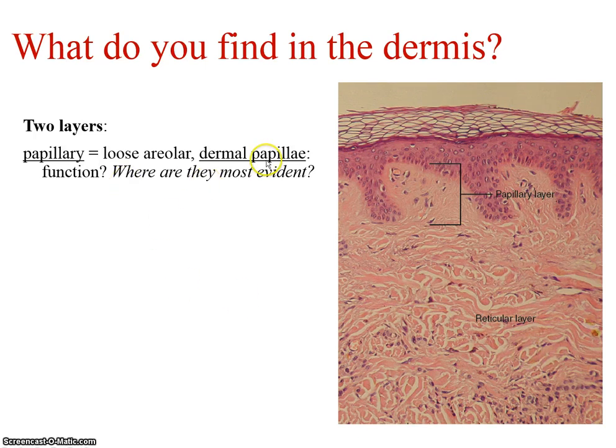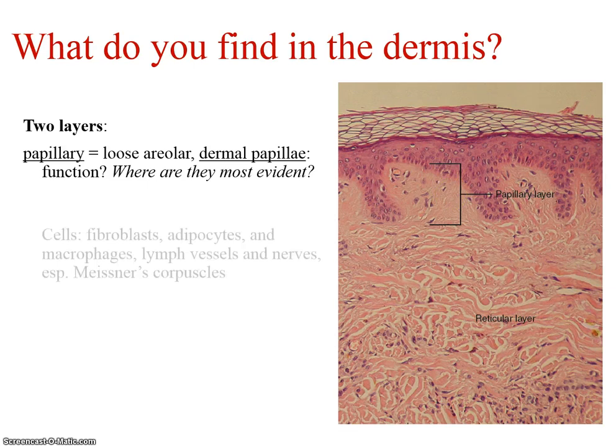The dermal papillae are most evident in your palms of your hands and the soles, right, the plantar surface of your feet. And this is what really creates that ridging that you see and helps us with grip. So this, again, loose areolar dermal papillae is a gripping function for it to enhance, when you have contact.